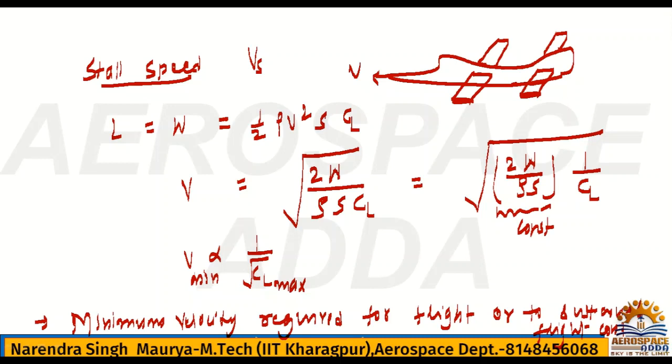So what minimum velocity is required? How will you get minimum velocity? You will get it when you have a maximum CL.